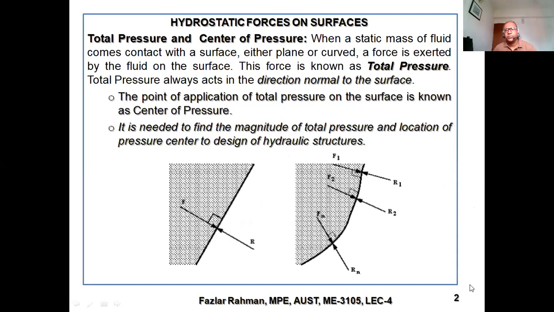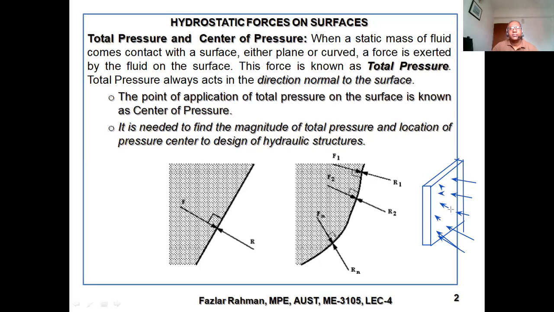It is saying you need to know certain terms. Number one, total pressure or total pressure force, and center of pressure. A body remaining underwater will have two things. Say this is our sluice gate plate. Number one, it will have all the pressure, say working from the right side, right? At the bottom, pressure will be higher, and at the top, pressure will be low.